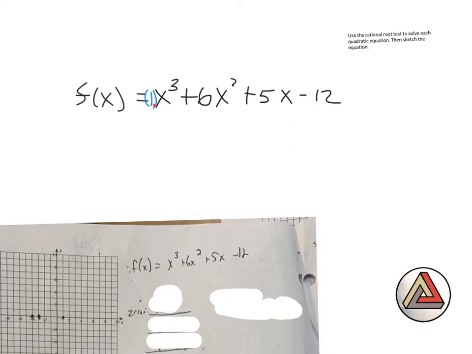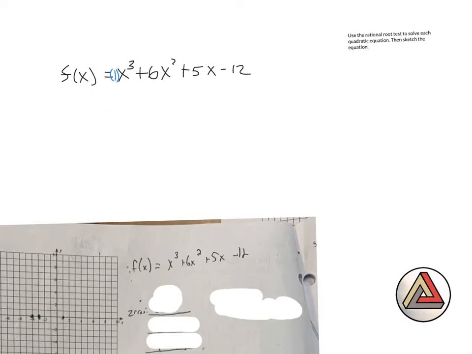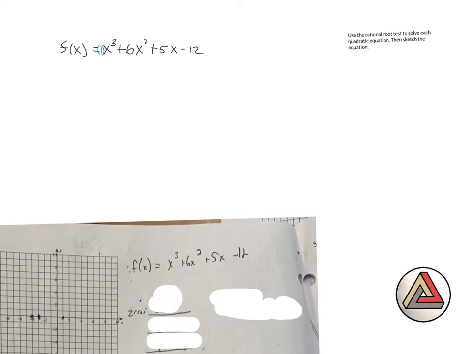And what you want to do is consider all the possible combinations of all of the factors of negative 12 over all of the factors of 1. So you want to find all the factors of negative 12 over all of the factors of 1, and then take literally every single combination into account.